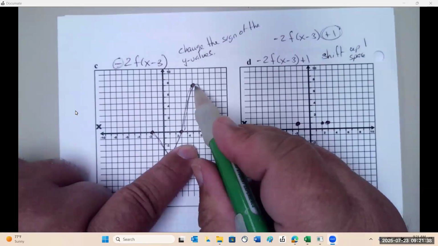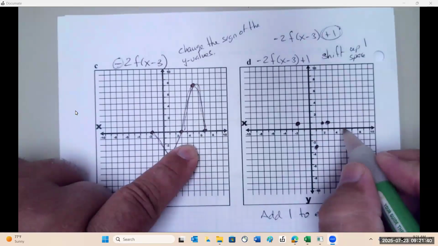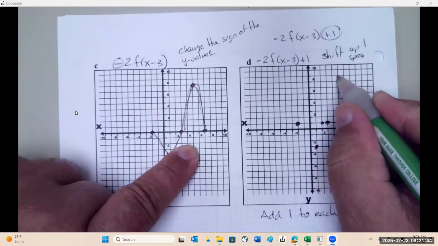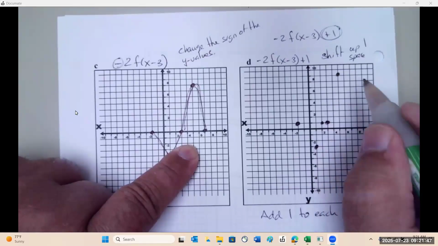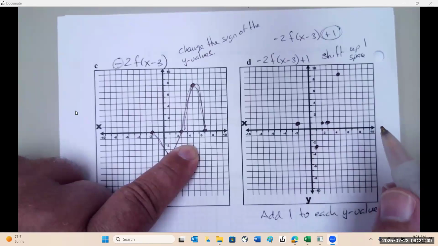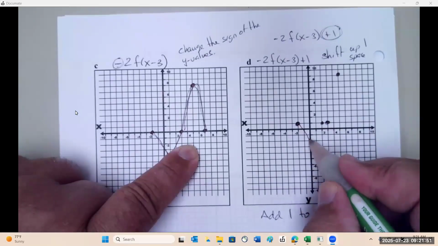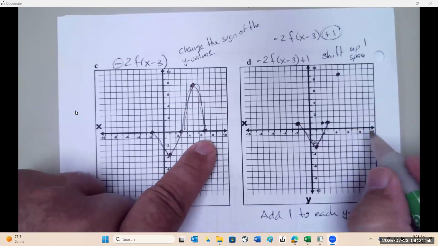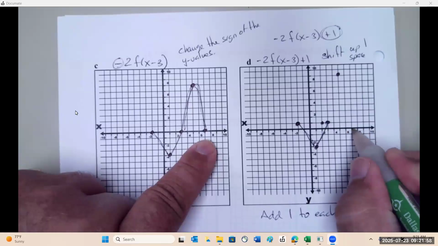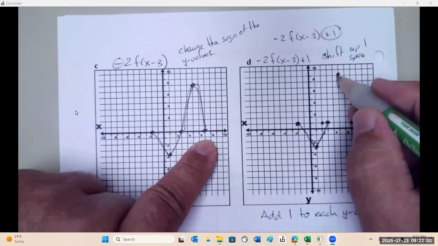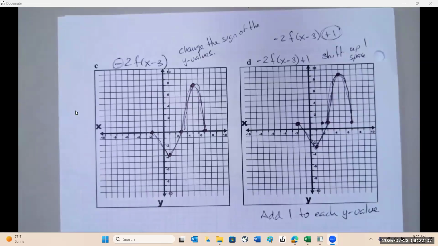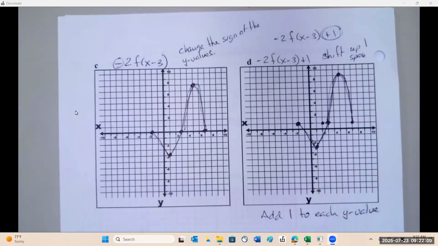Next one was at 5, 8. It becomes 5, 9. And the last one's at 7, 0. It becomes 7, 1. So this entire graph just shifts up one space.